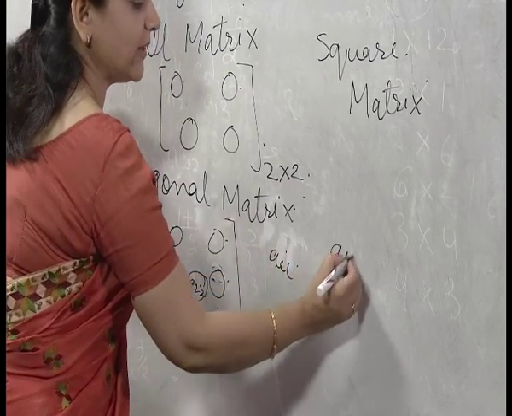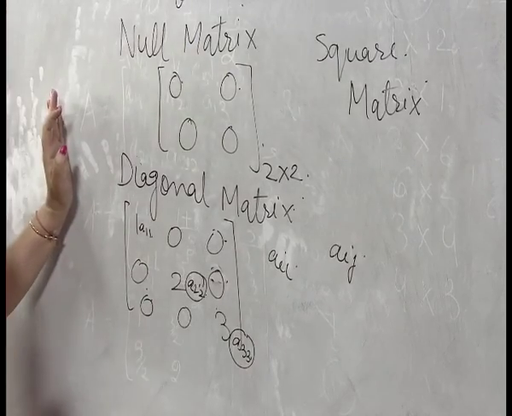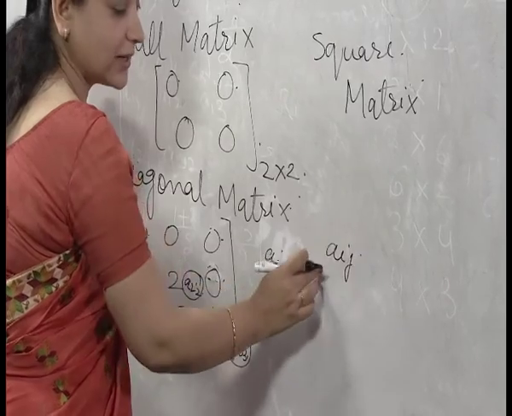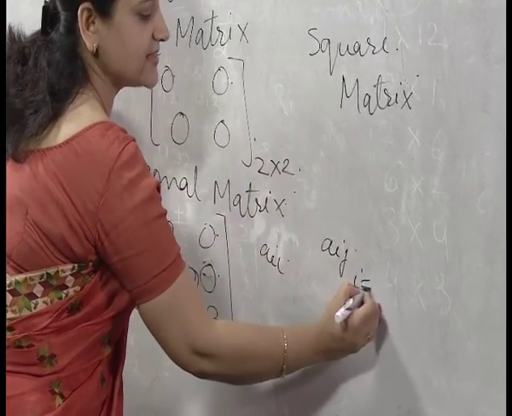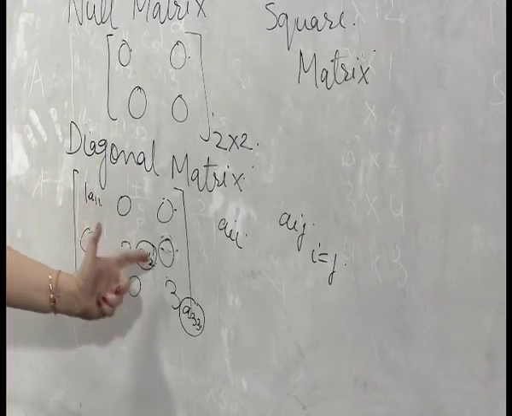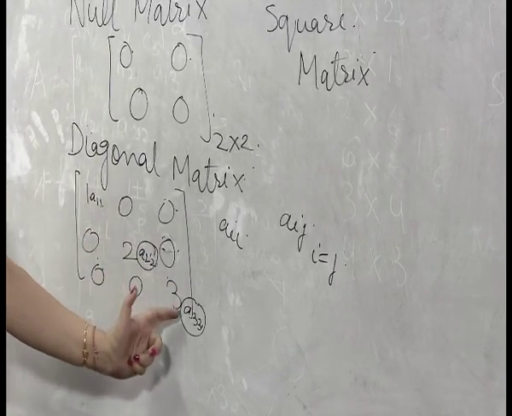As you know, an element is denoted by Aij. So, what are the elements in the main diagonal? Elements of the main diagonal are the elements where i is equal to j. You can see in all these elements i is equal to j. So, this is the diagonal of a matrix.